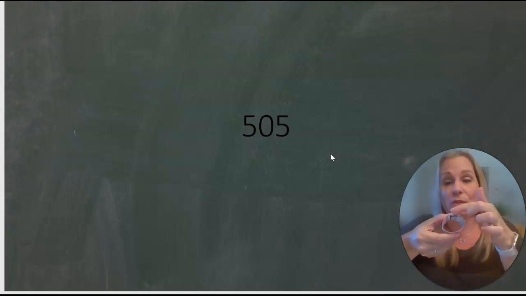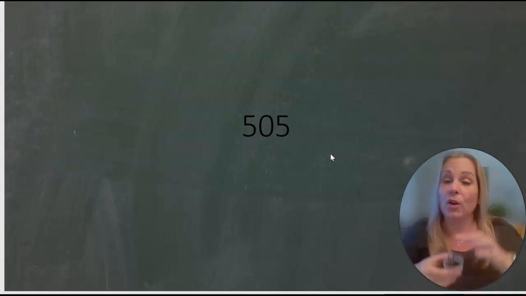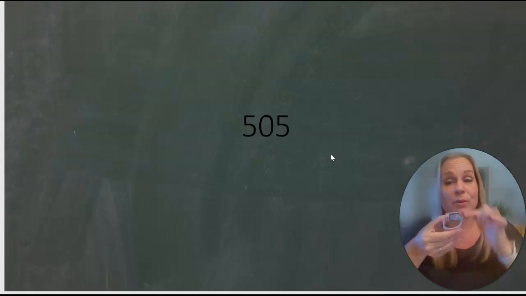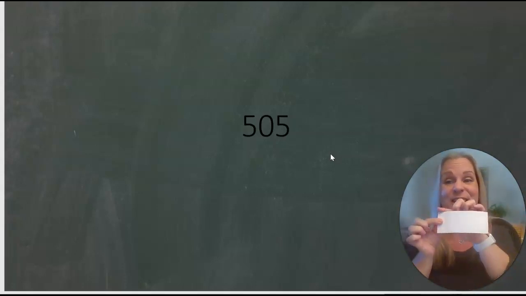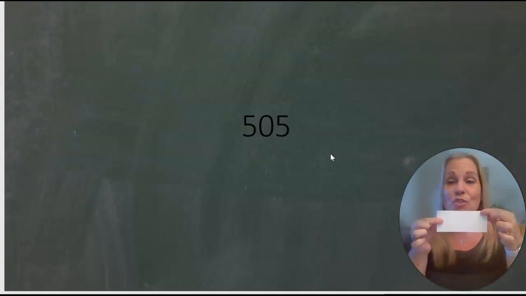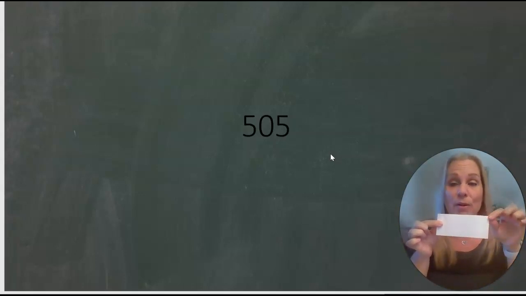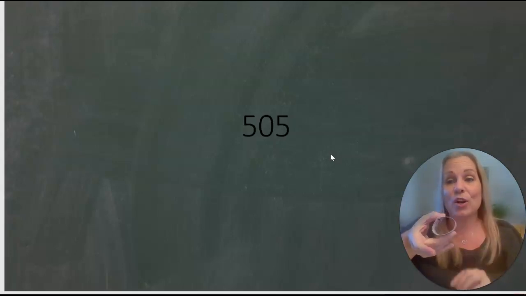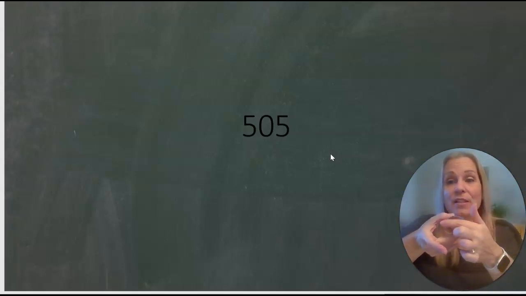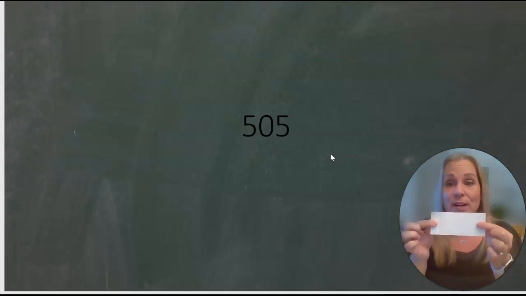It becomes a circle. And what do we call the distance around a circle? The circumference. So this long part, or the base of my rectangle, is the circumference of this circle, right?